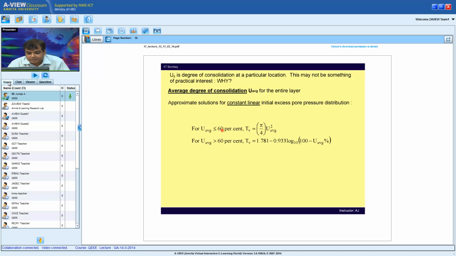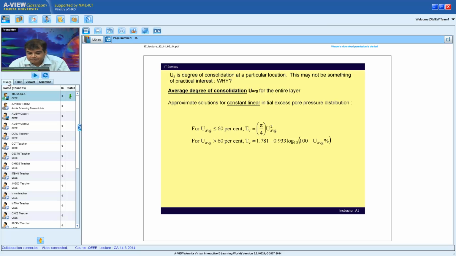Now these two equations are valid when U average is less than or equal to 60% or more than 60%. It's important for us to remember these two equations. I would like you to take them as a tablet. Just take them. It's pretty important. And I would request that you jot them down on a piece of paper. It would be helpful when we do a problem sheet today.